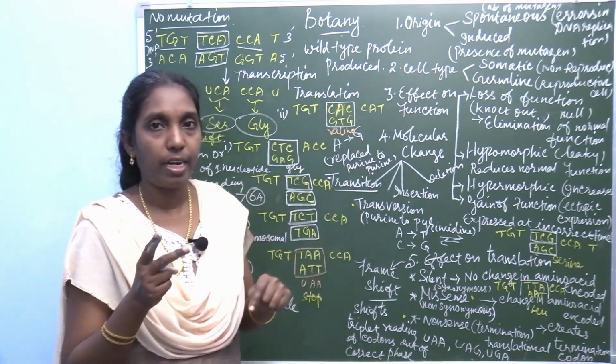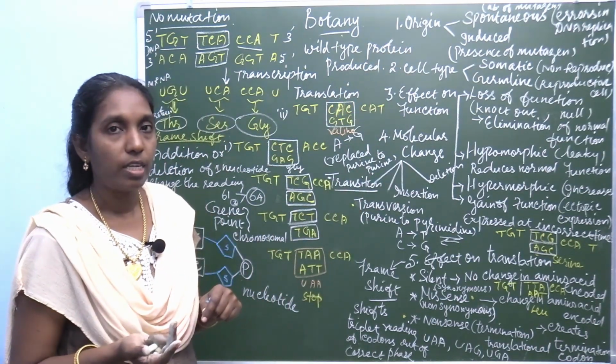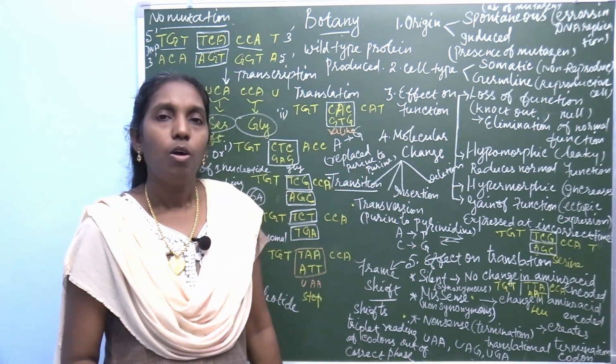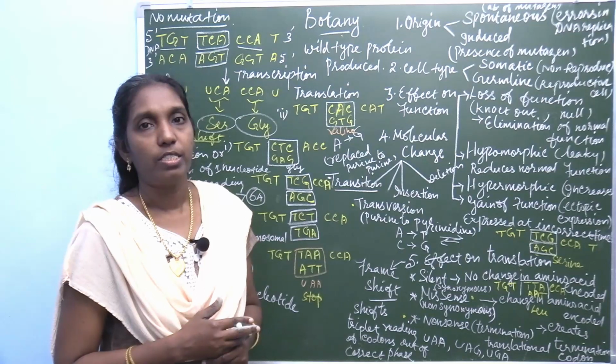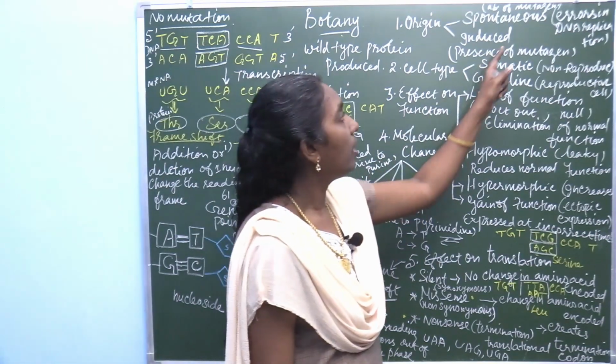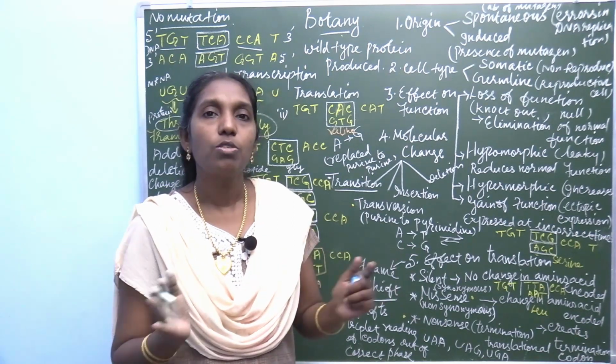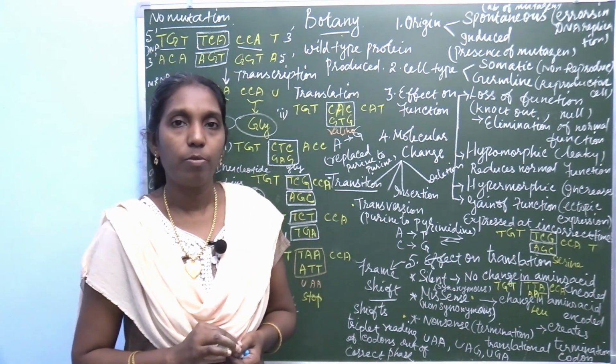There are 2 different types: spontaneous mutation and induced mutation. What's meant by spontaneous mutation? Spontaneous mutation occurs in the absence of mutagens. What are mutagens?